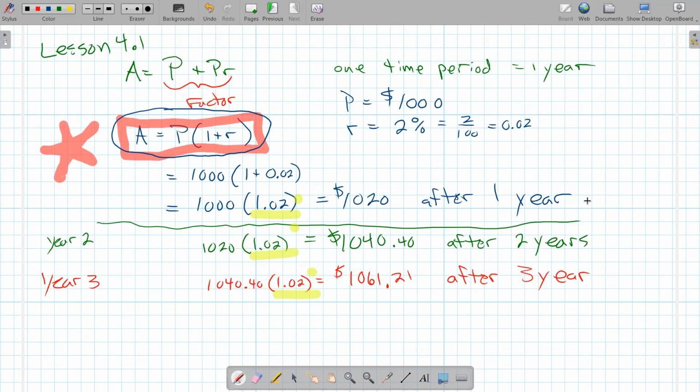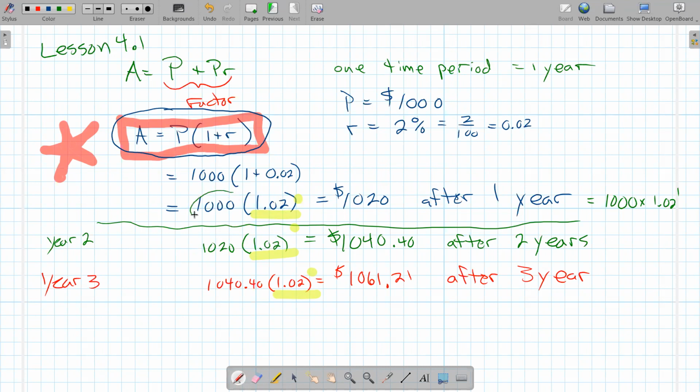The first time I did it, I started with $1,000. Switch color. And I multiplied by 1.02 one time. Now, if we backtrack, where did that 1,020 come from? Well, it came from the 1,000 times the 1.02, but then I multiplied by another 1.02.